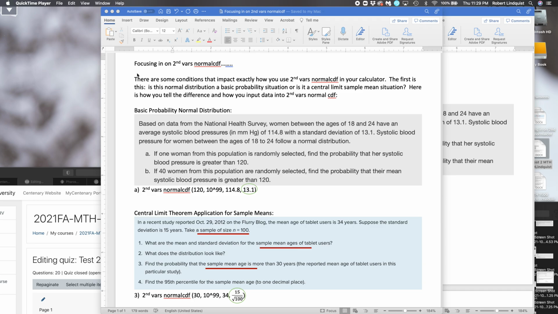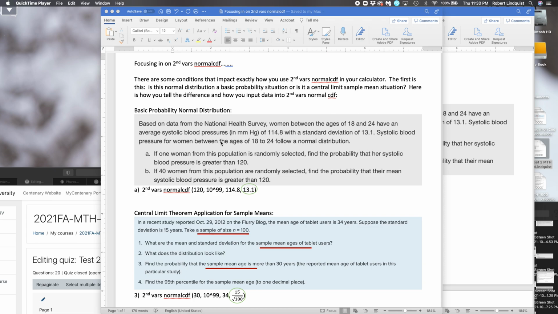Here's how you tell the difference and how you input data into second VARS normal CDF based on which you're given. And there is a very, very important distinction here that you've got to be looking for and be prepared for. So on a basic probability normal distribution, like this first question in this slightly grayed in area here, based on data from the National Health Survey, women between the ages of 18 and 24 have an average systolic blood pressure of 114.8, standard deviation 13.1.